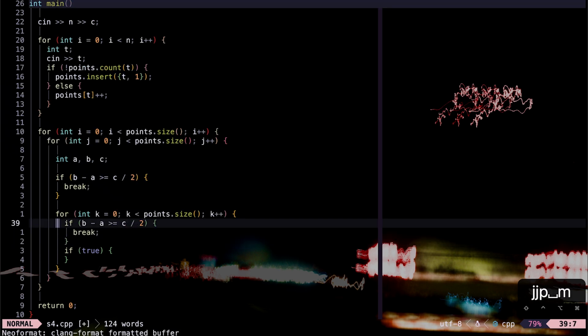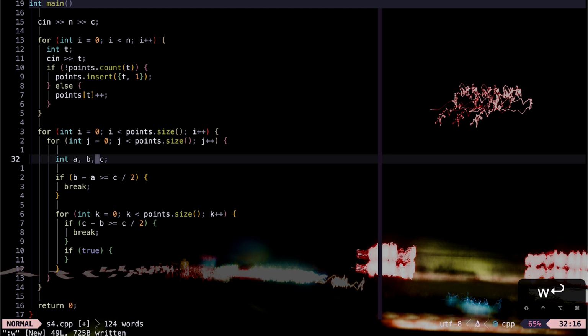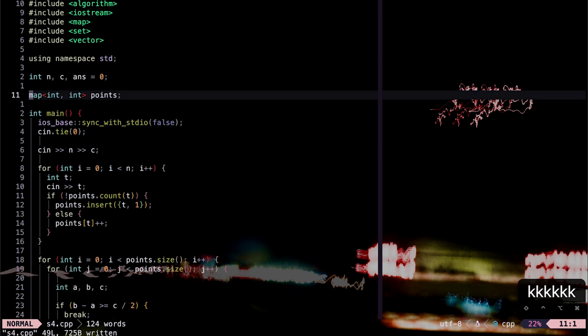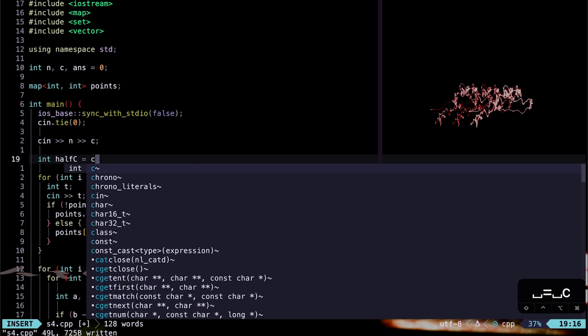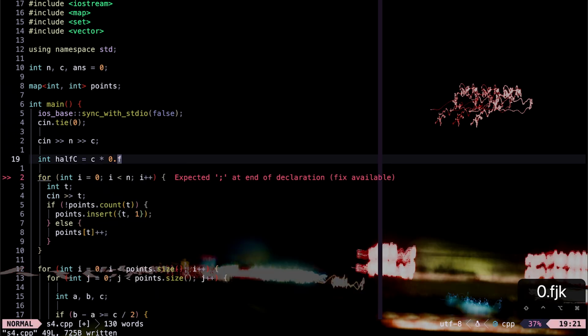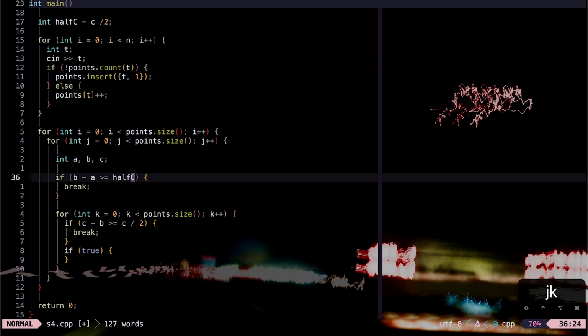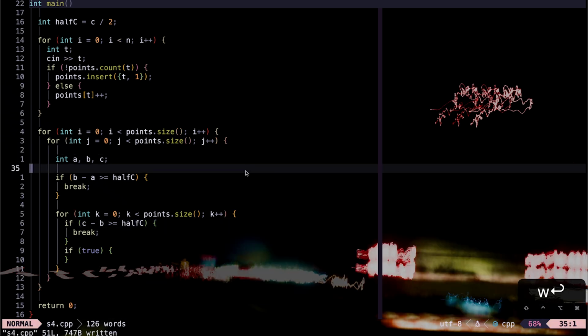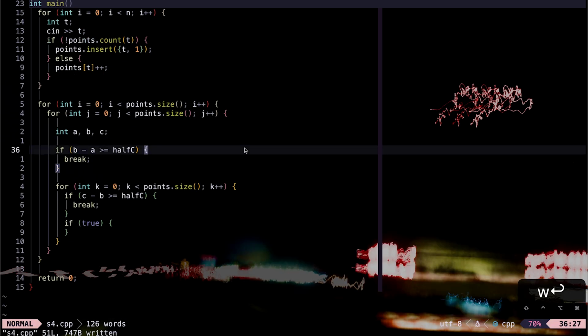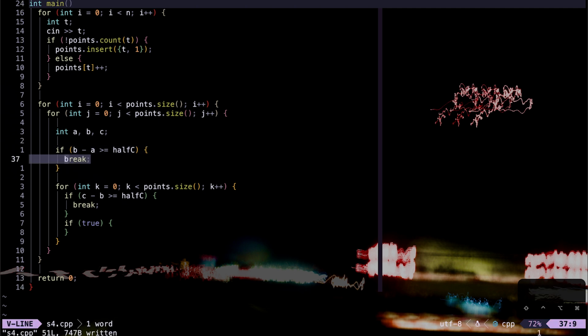And over here, we'll have half C. Let's just divide by 2, whatever. So yeah, if this is greater than half C, we break.